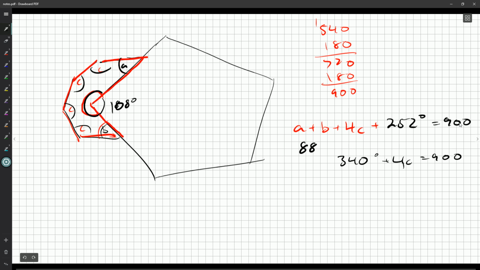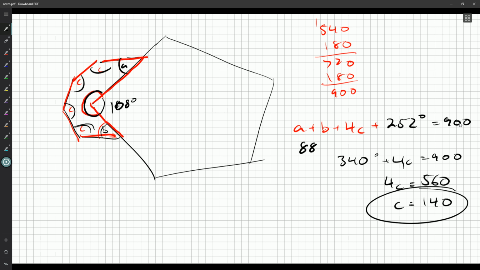So subtract 340 from both sides, we'll get 4C is 900 minus 340, which is 560. Divide by 4 on both sides, we'll get 140 as the interior angle. So 140 is the interior angle for our n-sided shape.